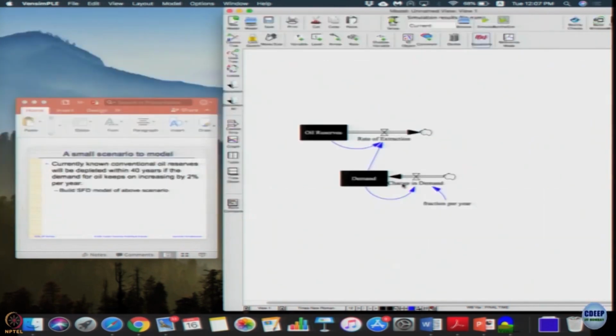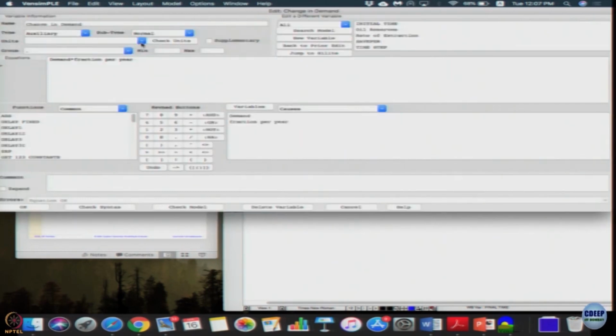Perhaps I should introduce units. Let us make fraction as 1 by year. Change in demand will be, what do you call, what is the units for oil reserves? Million barrel.